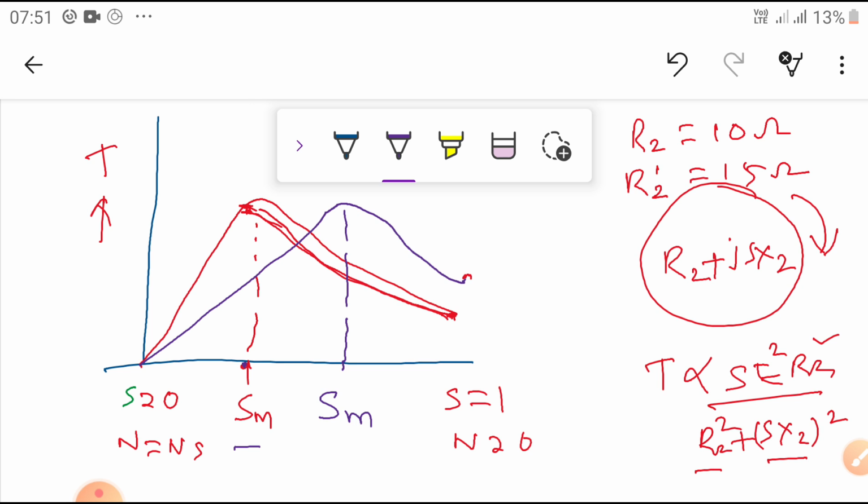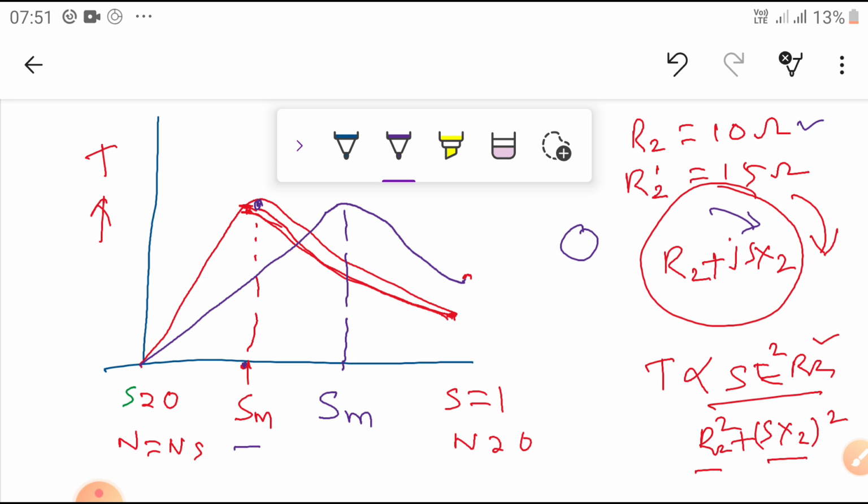If load is increased on our rotor, in the first case, then at some amount of load added, it is going to produce only the maximum torque at that instant. After that, if I add more, the torque decreases.